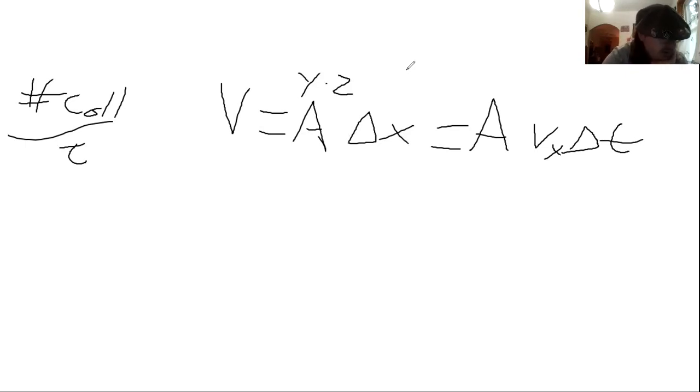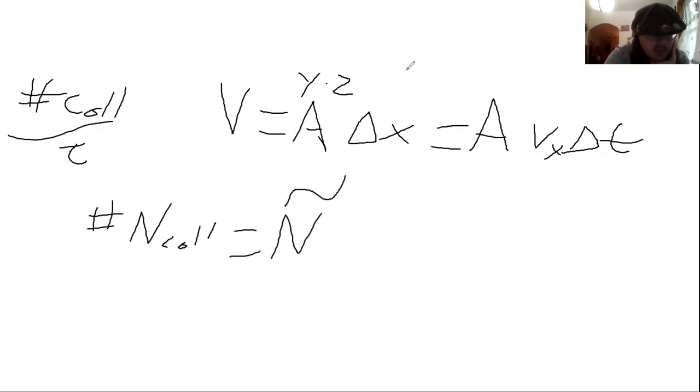So there's our volume. Now we're going to look at the number of collisions. We're going to say number n. Now, as we get a little weird, we use this term and we're only going to really use it here, but n tilde is our number density. So it relates to how many gas particles are in this box.